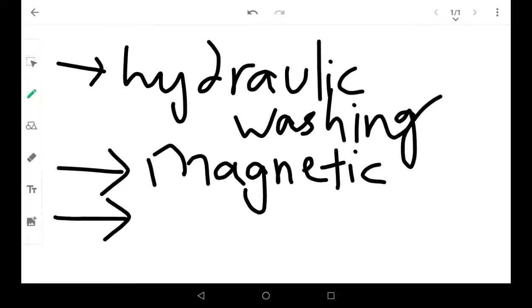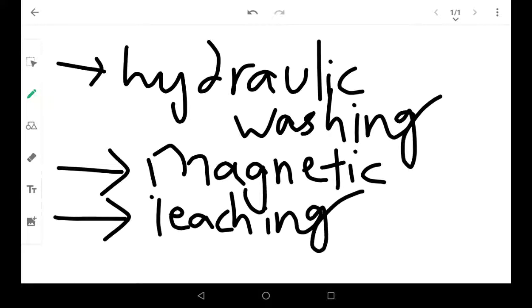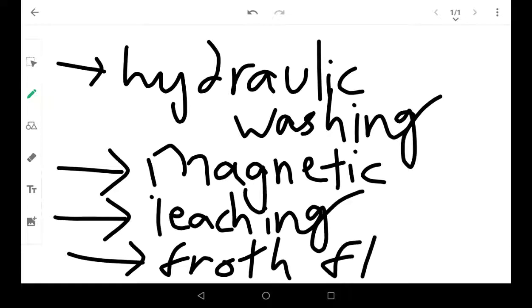Third one is called leaching. And the next one is called froth flotation. So let's study one by one.